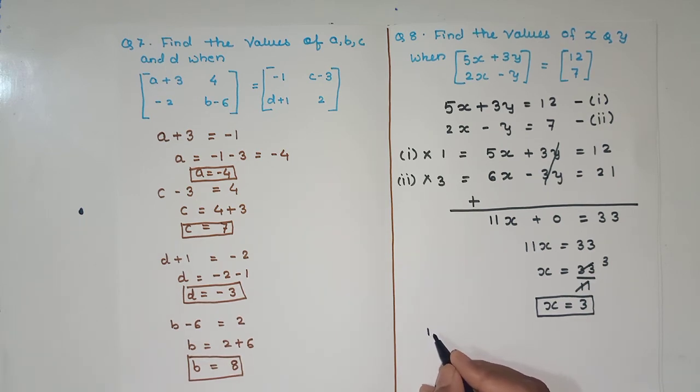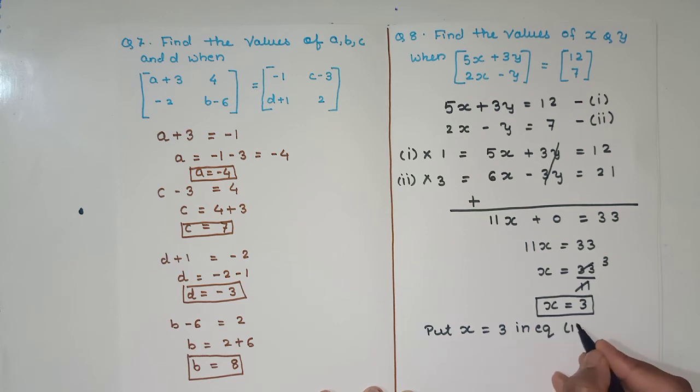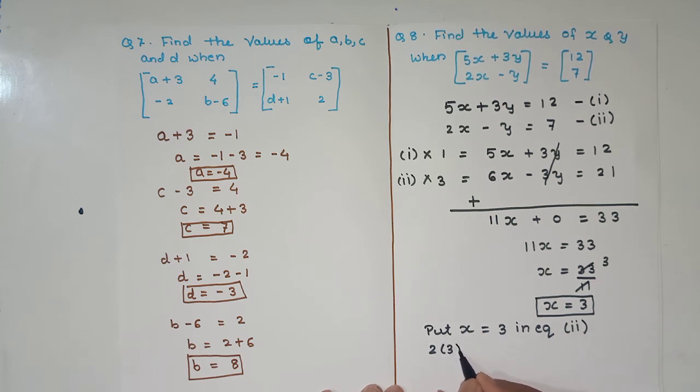Put x equals to 3 in equation 2. So 2 into 3 minus y equals to 7. Means 6 minus y equals to 7.